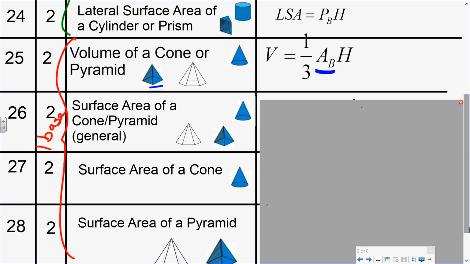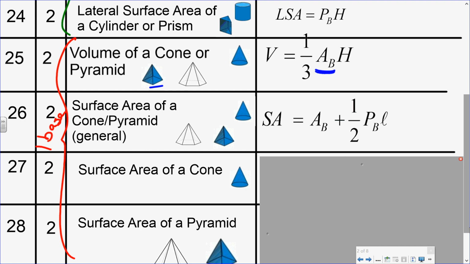If we want the total surface area, this time we have only one base. And then we need all of those triangles that slant in until they meet up at the top at a point.